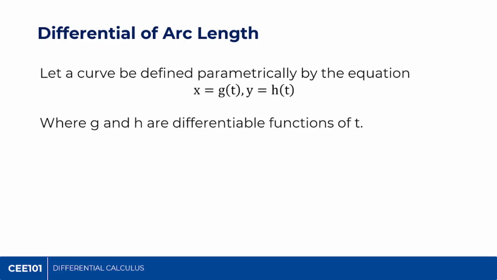So the g and h are just for naming, guys. It doesn't bear any importance, but it's just a way to name the function of x; for the x equation we have a function of t, which is our parameter.